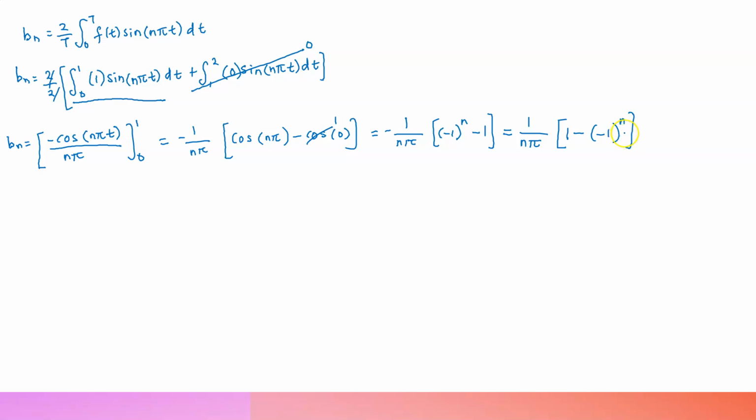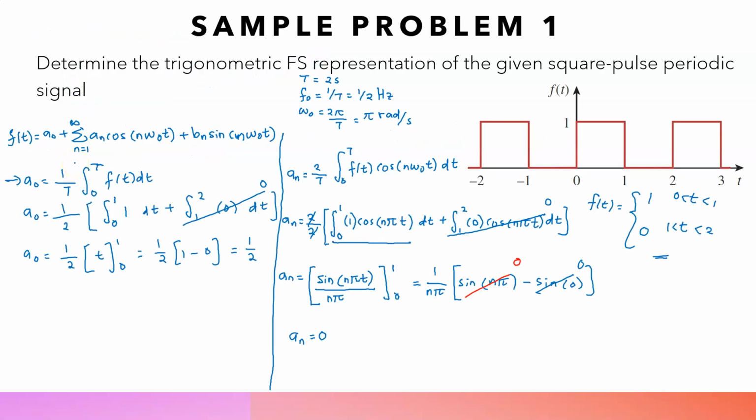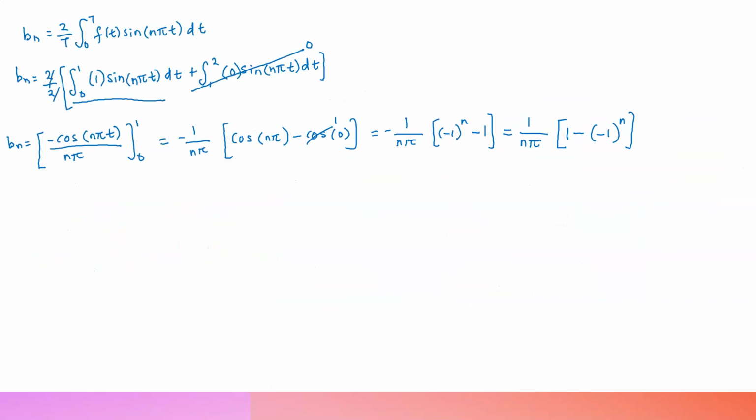Okay. So we can substitute this bn and an and also a0 into this general equation of the trigonometric Fourier series. So we will have the representation of the Fourier series as such.